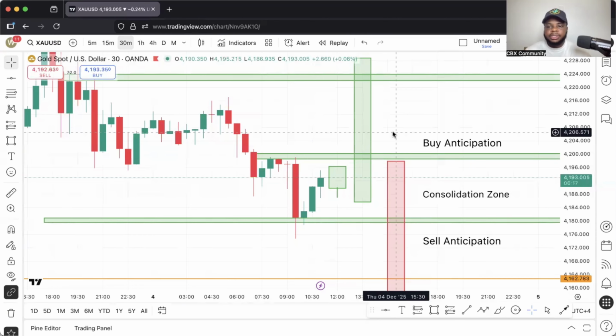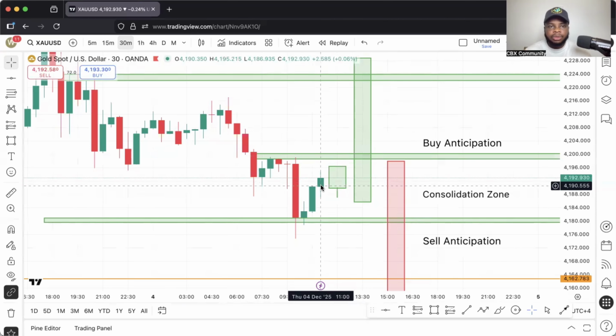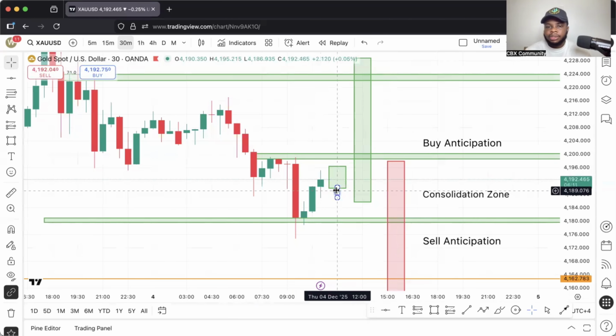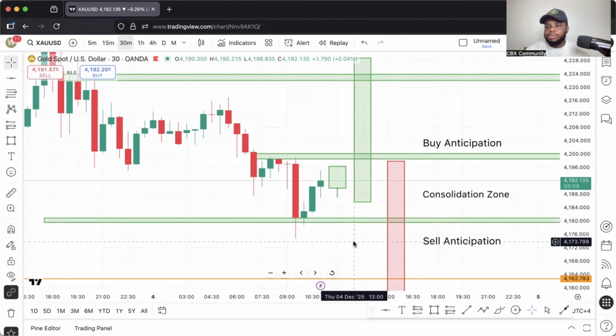This recent 30 minutes candle is left with 6 minutes to close. So let's just be patient. Let's see what the candle wants to do.